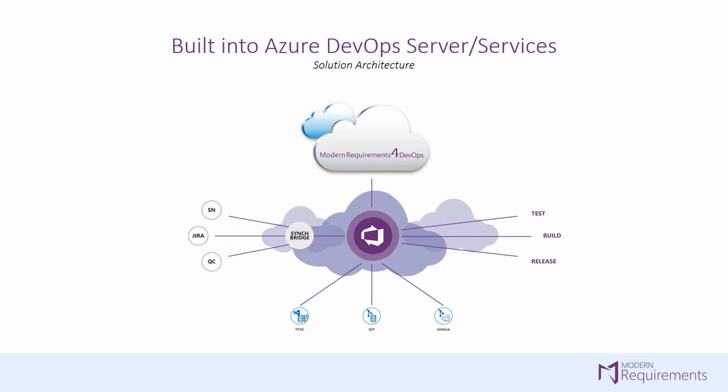Rarely do you find organizations that are very monolithic in using a platform. They might have many, especially if you're a large organization. So you want to bring everything together, and using Azure DevOps with modern requirements allows you to do all of the above.